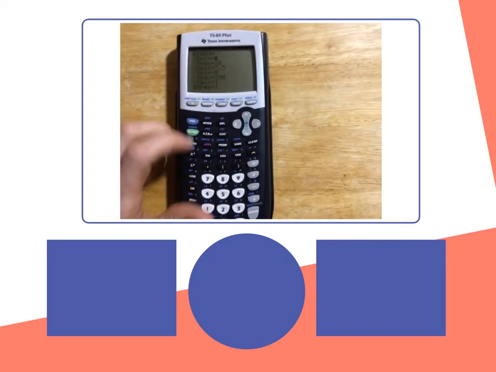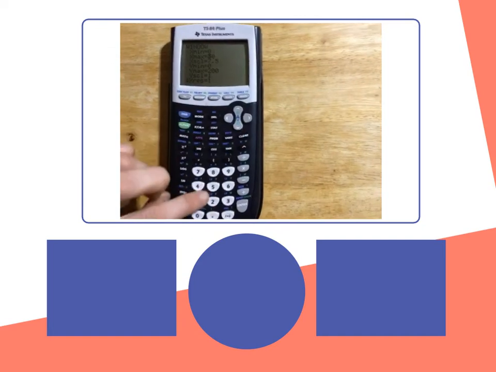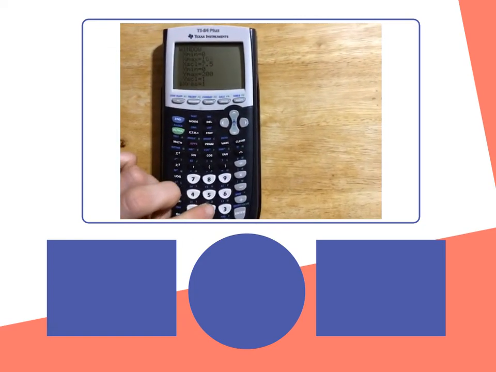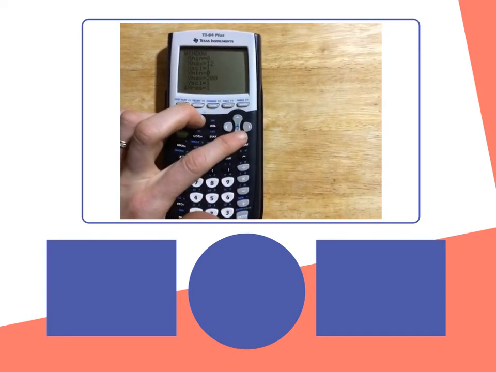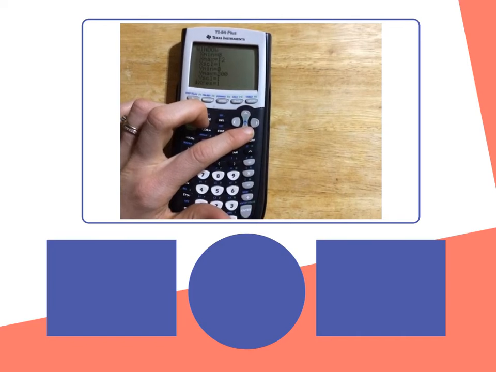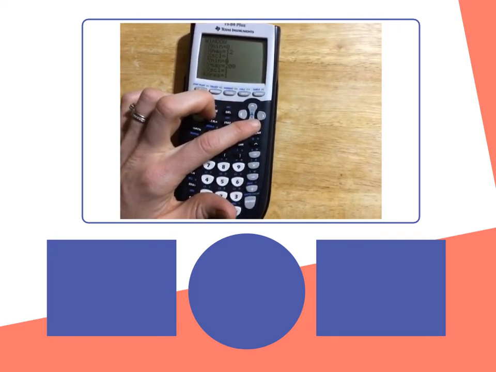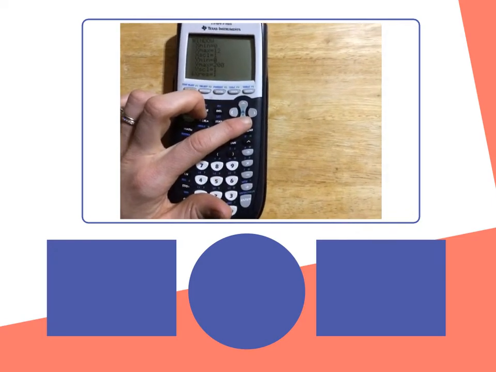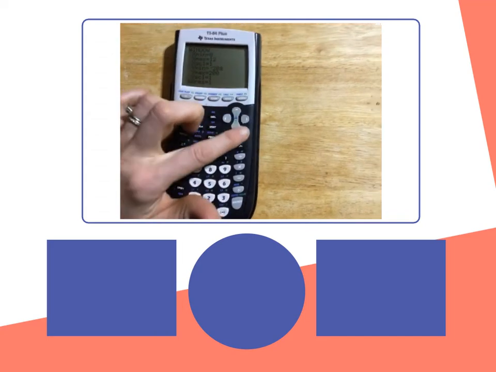Thinking about my window, I'm doing months throughout a year, so I'm going to use 0 to 12. Makes most sense for the word problem. I'm going to change my scale just to ones. Looking at my temperature fluctuation, the lowest numbers I see are around -10 in my table. The highest number I see is 62.5, so I'm going to go a little further than that. I'm going to put -20 to 70.